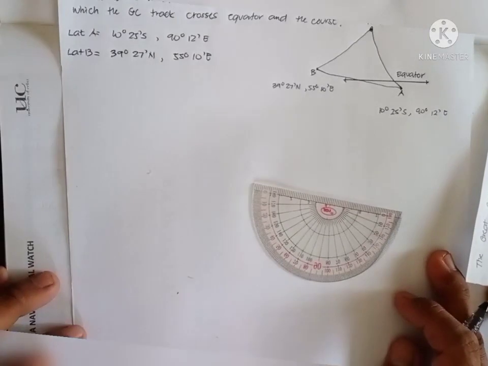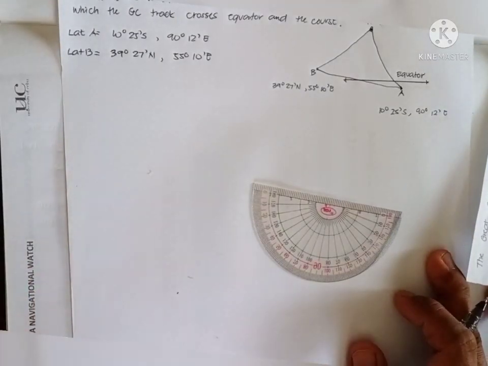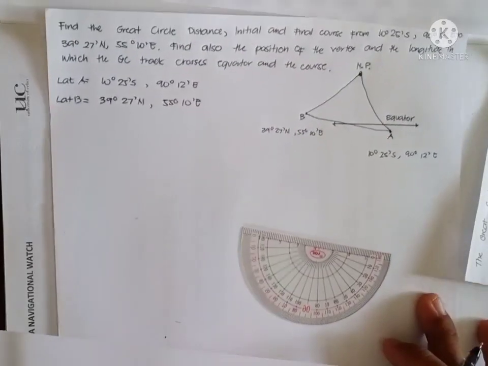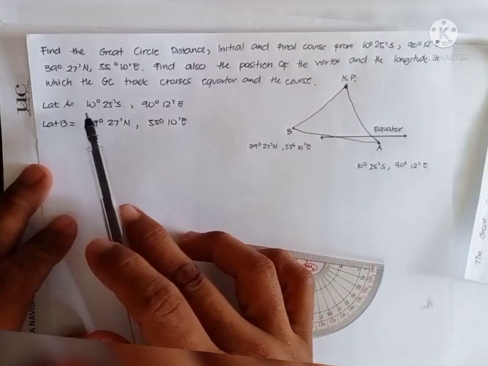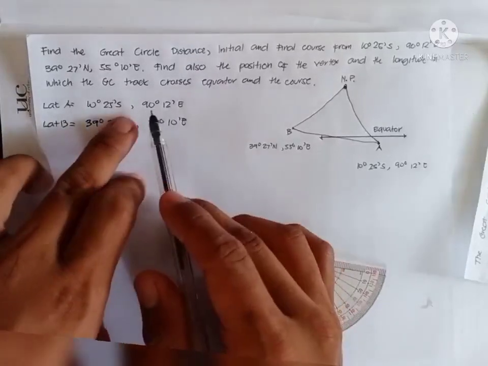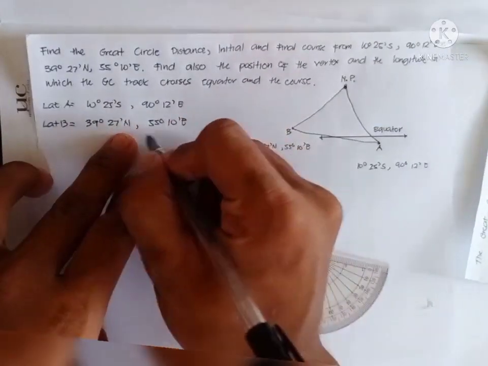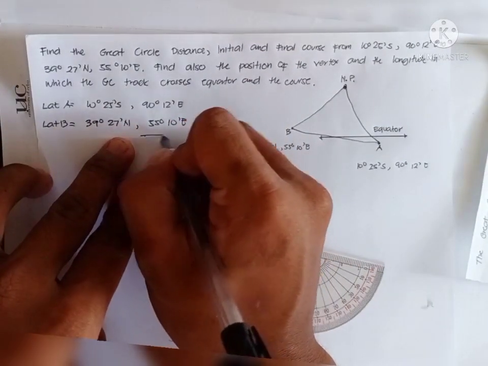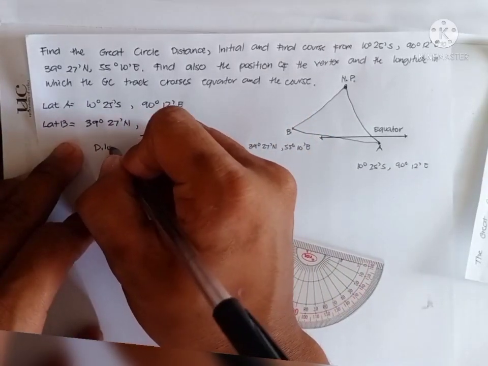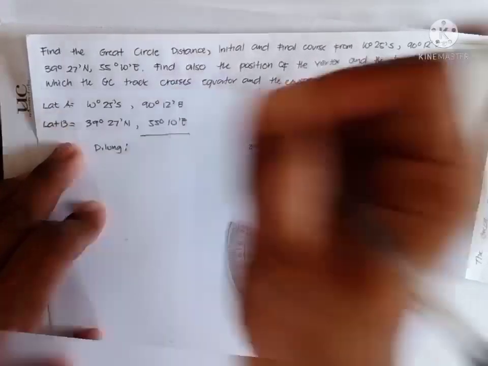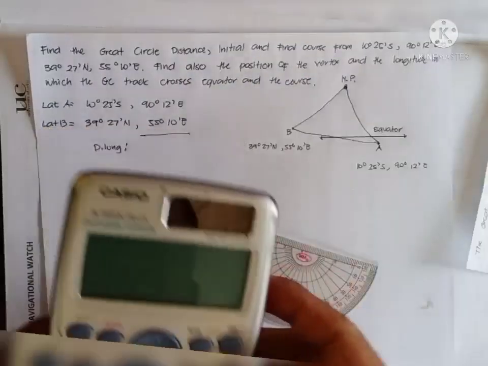So the next step is to find our D long. In order to find our D long, we need to subtract the long A and the long B. So here, subtract this in order to find the D long or RP. Get the calculator.